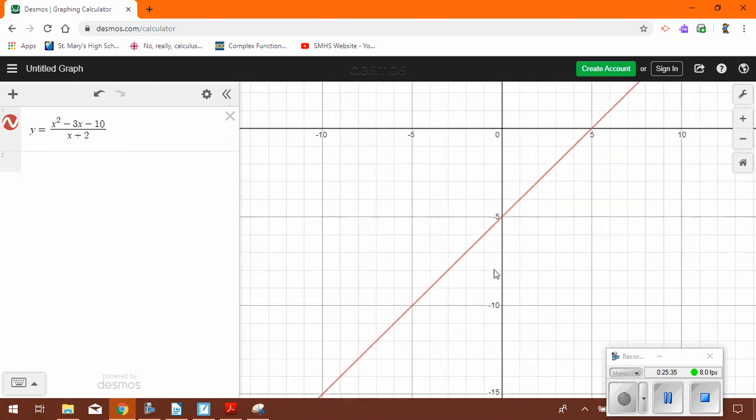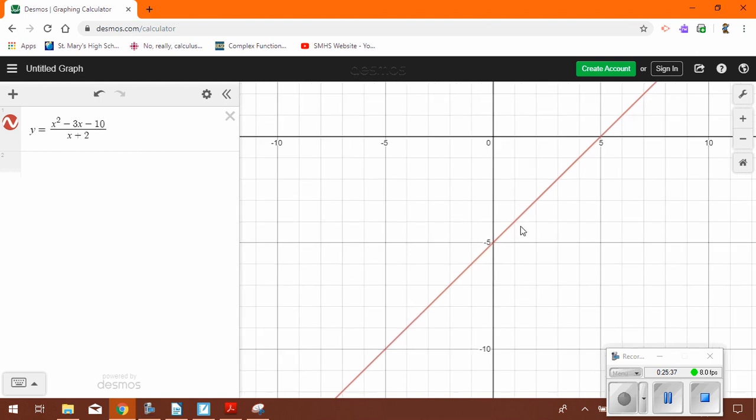Well, maybe you probably can zoom in enough to break it a little bit. But if you tap on the graph, you get a little point slider so I can see what is going on. So if I keep sliding this, let's see what happens when I hit negative 2. Oh, there it is. There's the hole. It briefly says undefined at that point. So that's how you can see it in Desmos. You just use the point slider, and it's there.